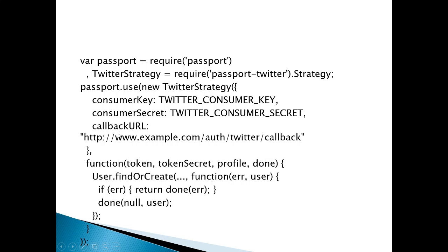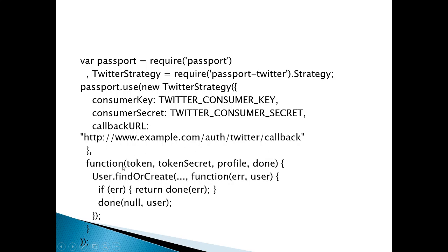You will also provide a callback URL, a method, or what we can say our route, which will handle the response. In this case, when a user is authenticated, it will be sent to this route.